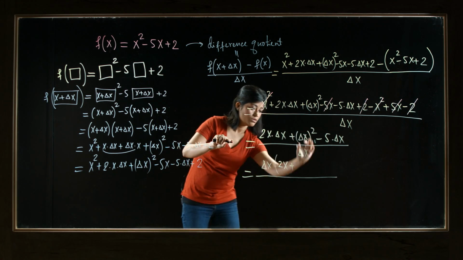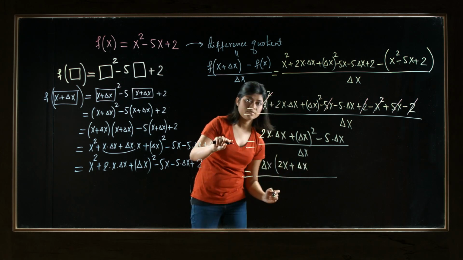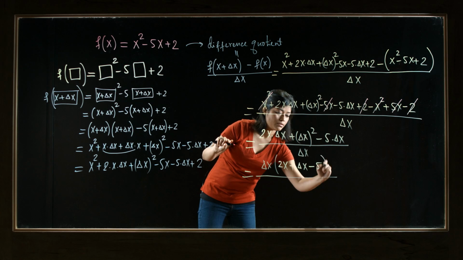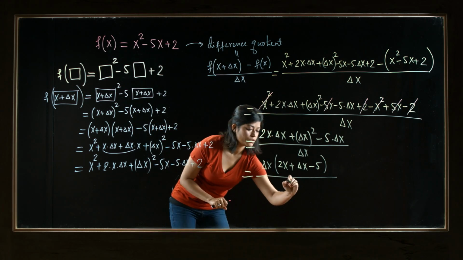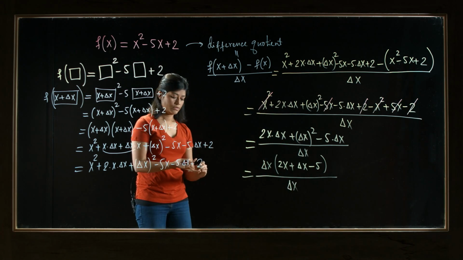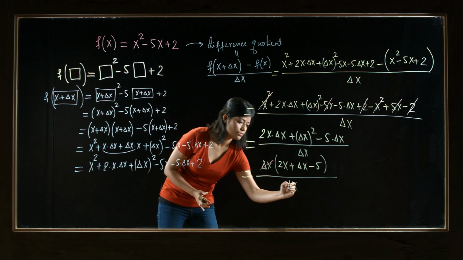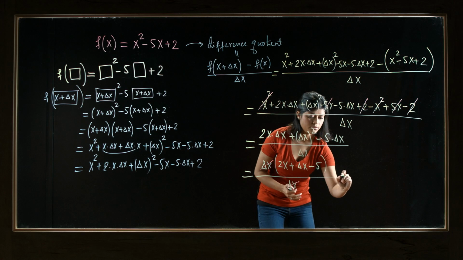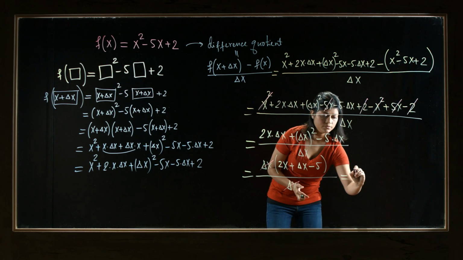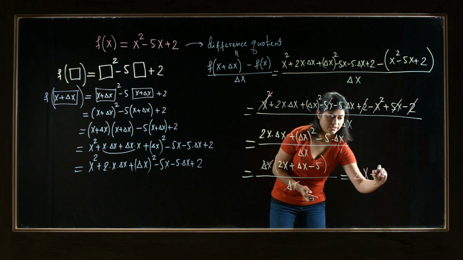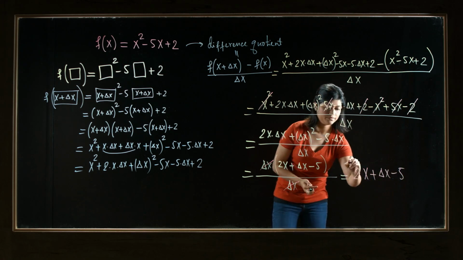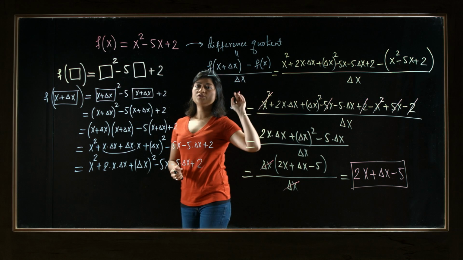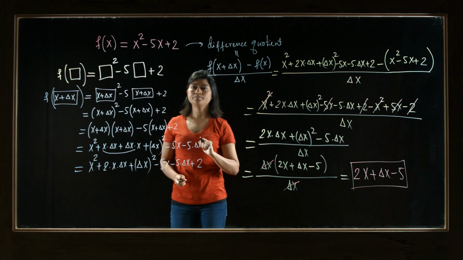So we took out one, so we are left with another one. And the last term, when you take out the delta x, we're left with negative 5. In the denominator, we have delta x. And guess what? These two will cancel as well. And so we end up having 2x plus delta x minus 5. So that is the simplified expression of the difference quotient for this function. Thank you.